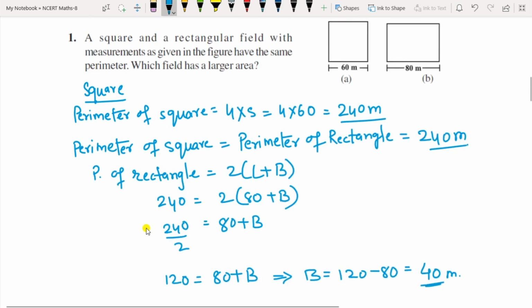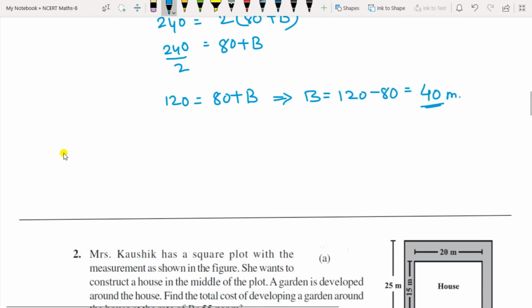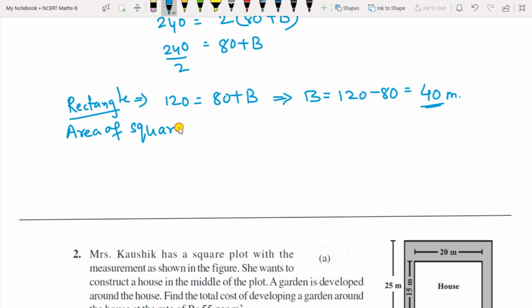Okay. Now you have to find which field has larger area. So now area of, this is for rectangle now. Now area of square is given by formula side square. Area of square is 60 into 60, that is 3600 meter square.